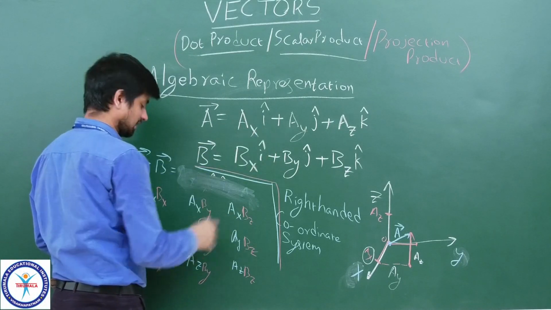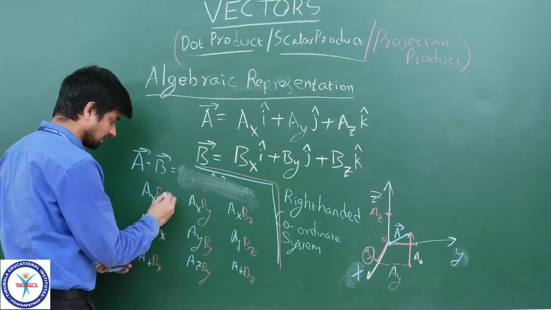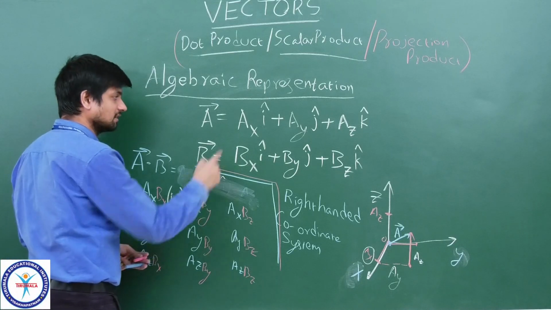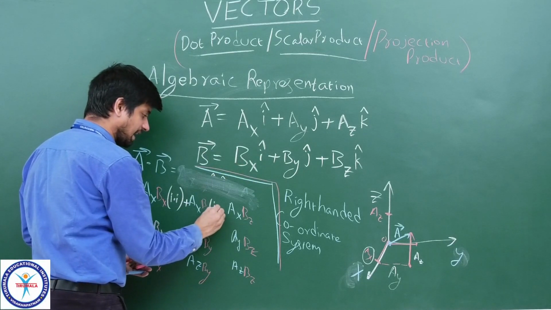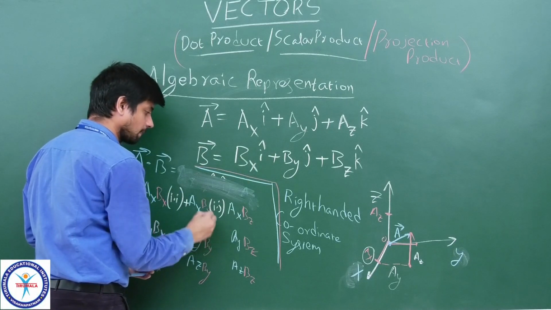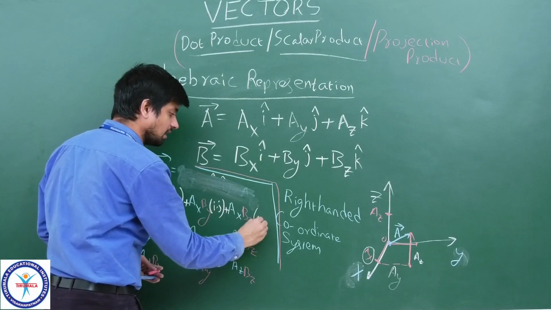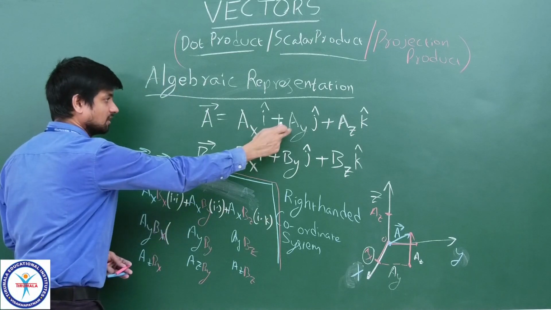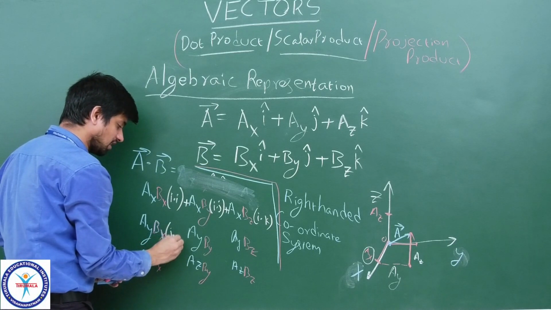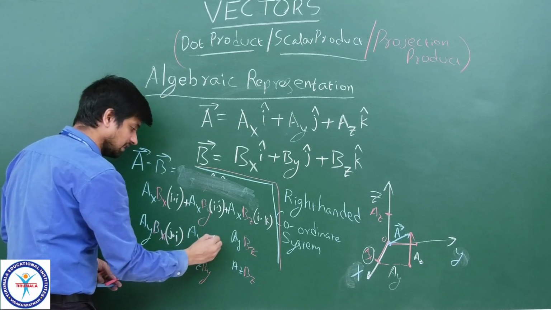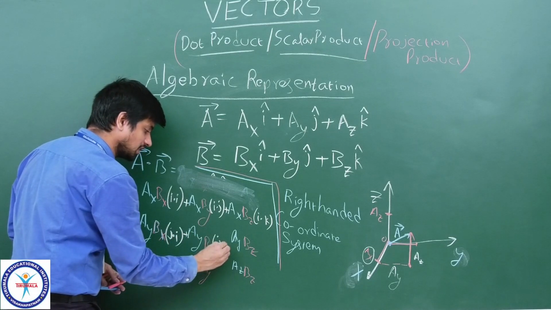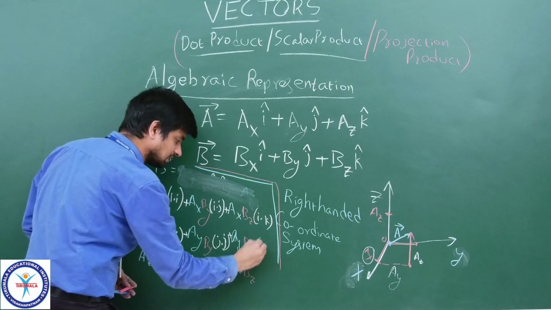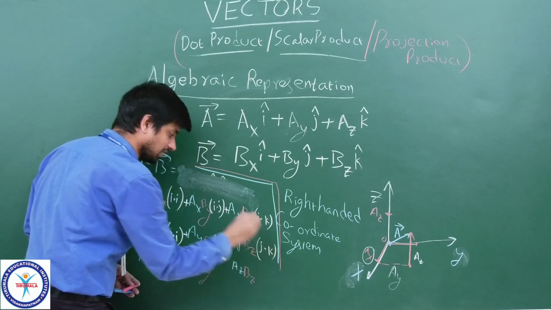What about these unit vectors? So I am writing with white color here. So i dot i plus i dot j, next one children, i dot k. The same way here, Ay, what is its unit vector? j dot i, here j dot j plus j dot k.